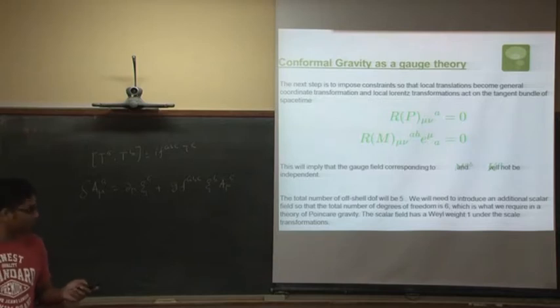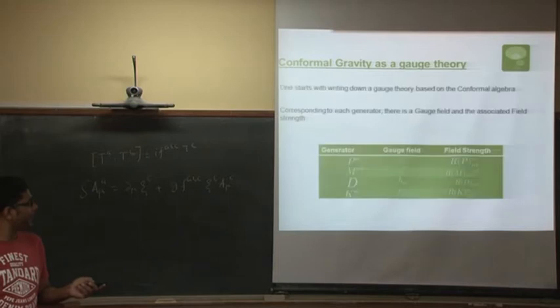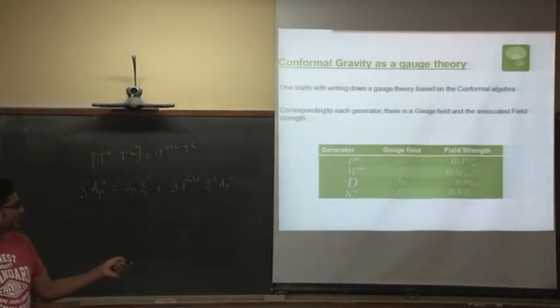However, if you are doing conformal gravity, then E mu A is 16, and this is independent. This is dependent, we don't count that. This is 4, so 16 plus 4 is 20.